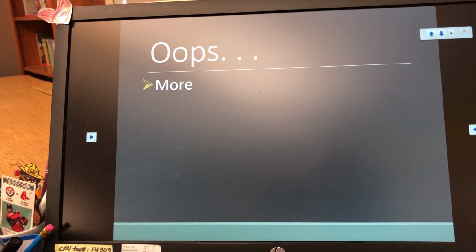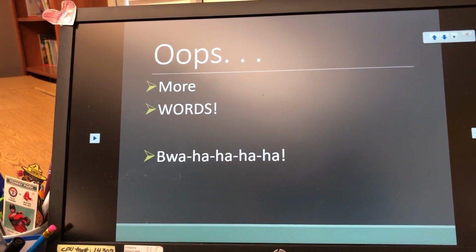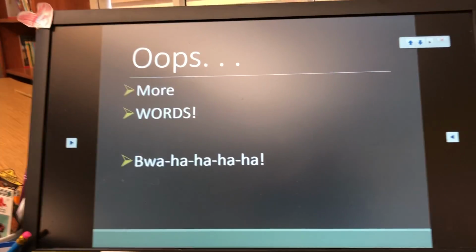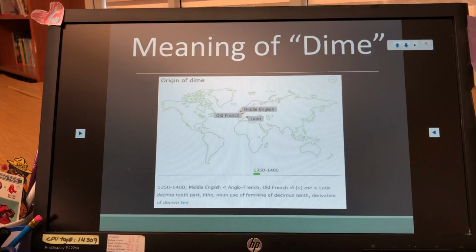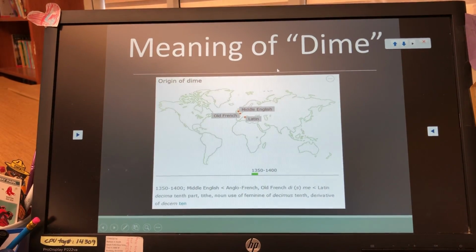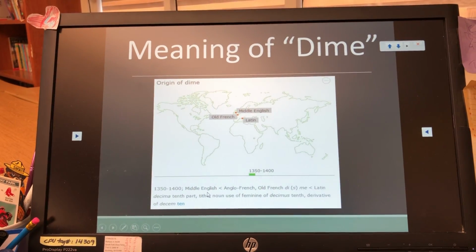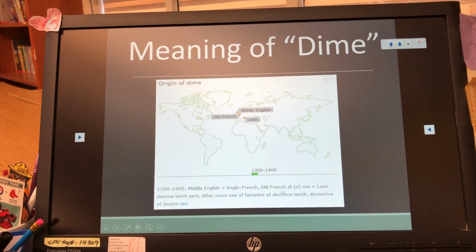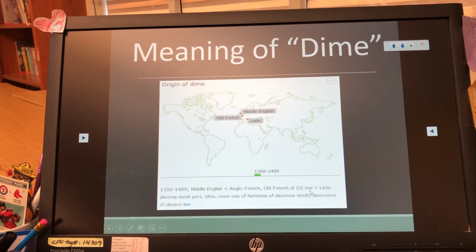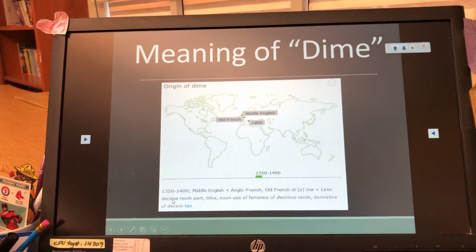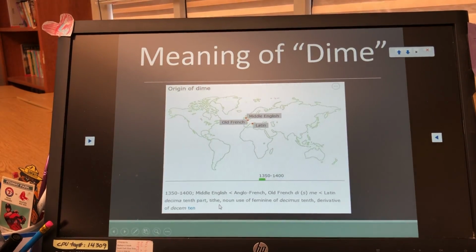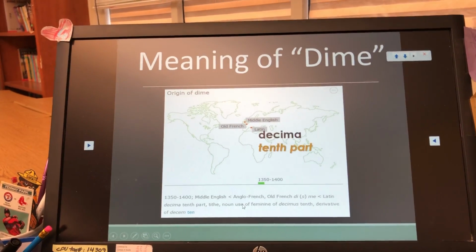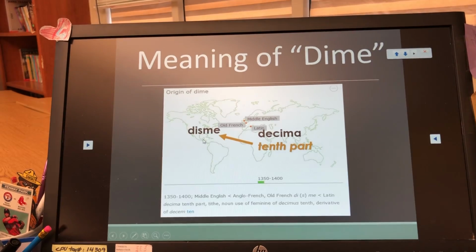Oops, more words. You knew it. The meaning of dime. It's from the Middle English, from the Anglo-French, the old French word decime, or the Latin decima, a 10th part, a tithe. Okay, whatever. 10th part.